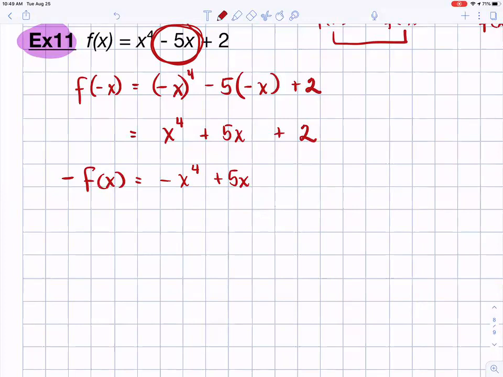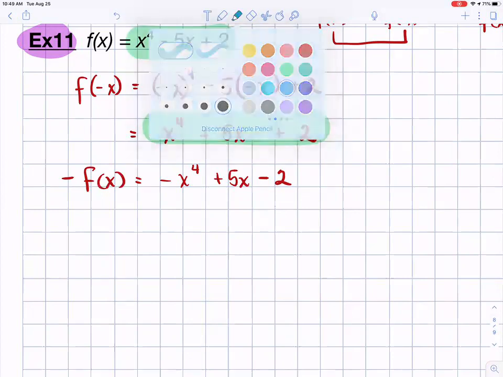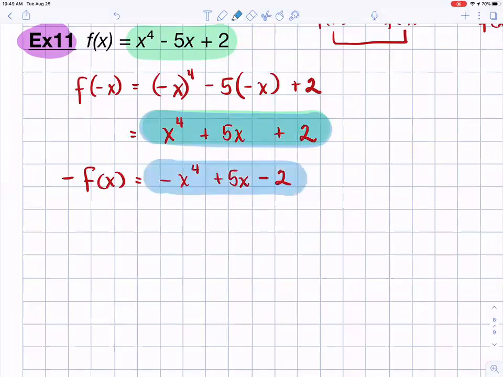And then the next piece, what's the opposite of the last term? Yep, minus 2. Okay, so we already figured out that the original and my first guy are not the same, so it's not even. And now I'm looking at this guy with my newest, and what do you see there? They're not the same. So not only is it not even, it's also not odd or origin, so this is a neither. So they're both not the original.